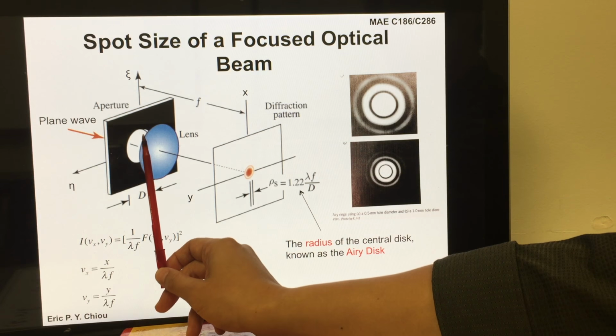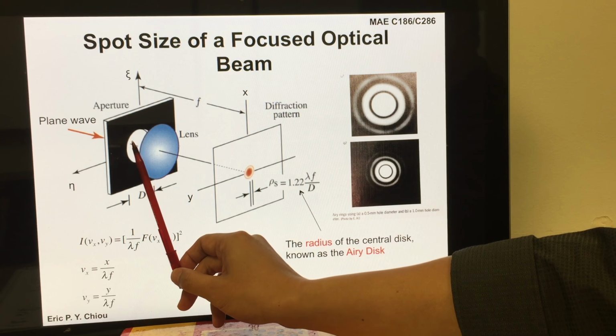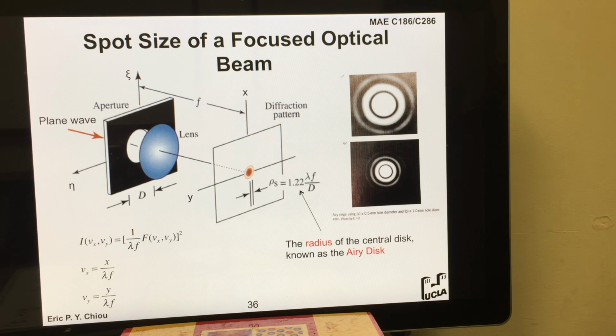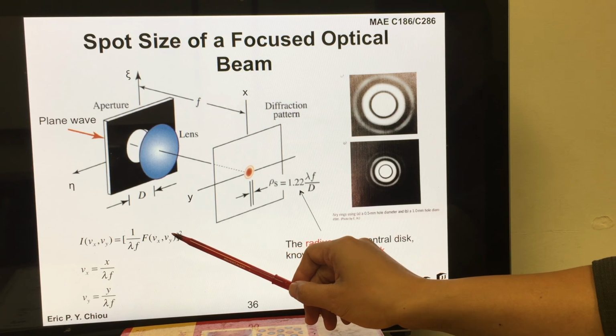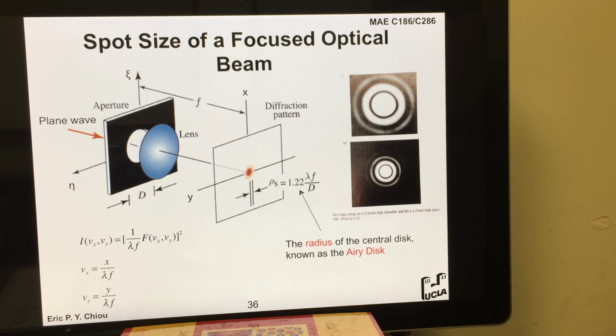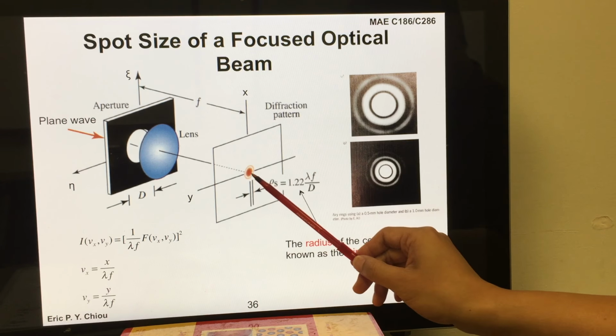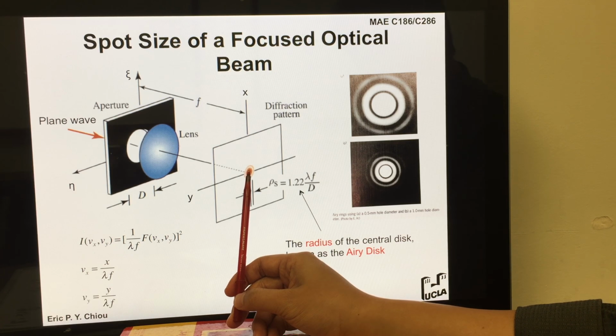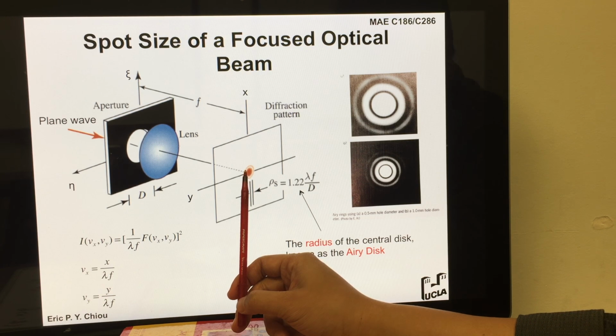Before, without the lens, if you have a circular aperture here, with a plane wave coming in, you need to go pretty far away to see the Fraunhofer diffraction pattern, which is the square of its Fourier transform. But now you can see this Fraunhofer diffraction pattern at its focal plane.